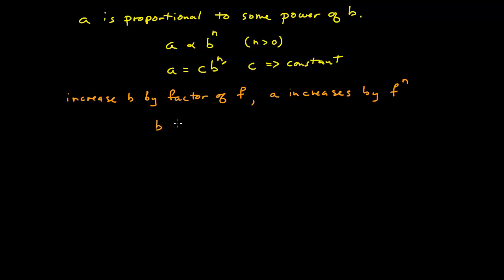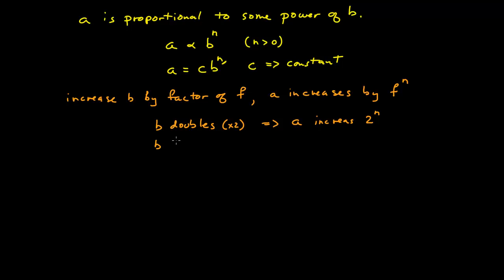So if B doubles, I'll write that as times 2. So if B increases by twice the amount, that means that A increases by a factor of 2 to the n, depending on what that power of n is.